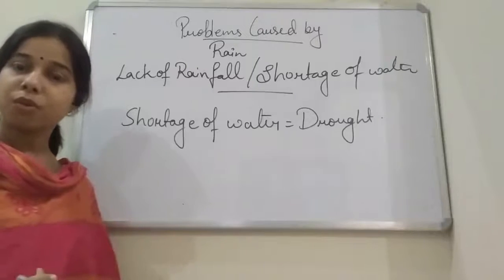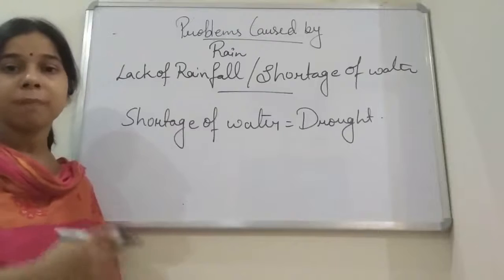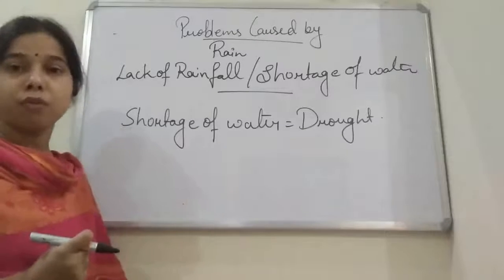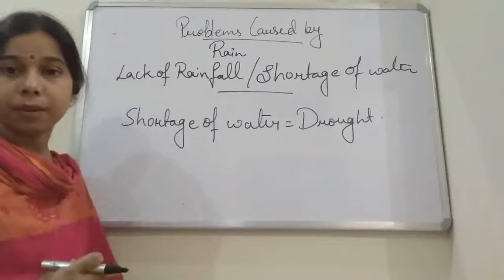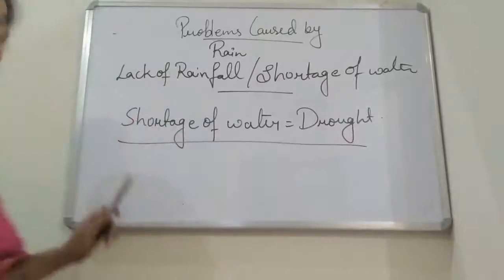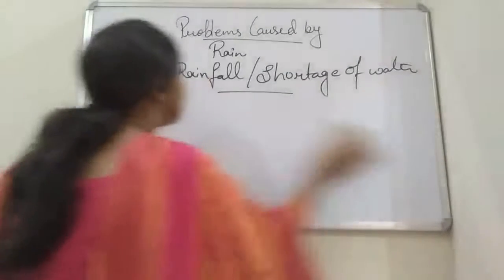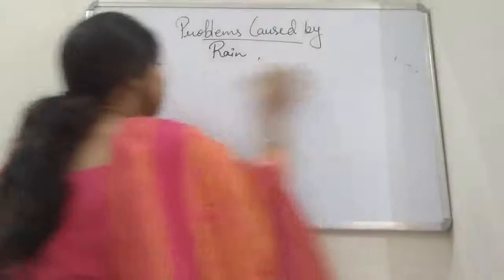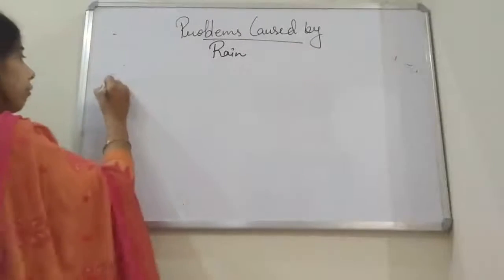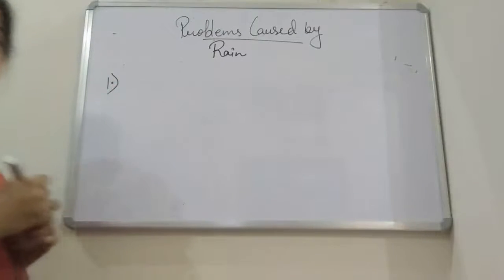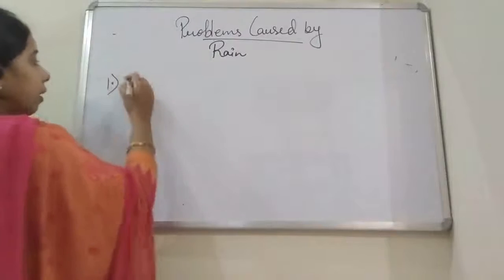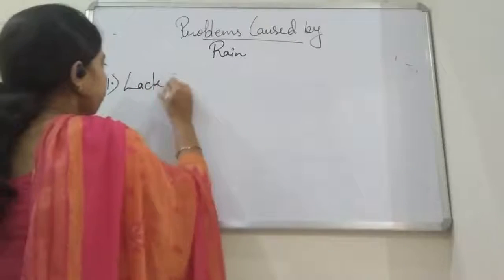So excess amount of rainfall causes flood, and shortage of water causes drought. Okay, so drought. So now what are the different consequences, students? Now we will write it and understand it properly. So you see here, the first consequence that we had discussed for the rainfall, students, that is the lack of water.